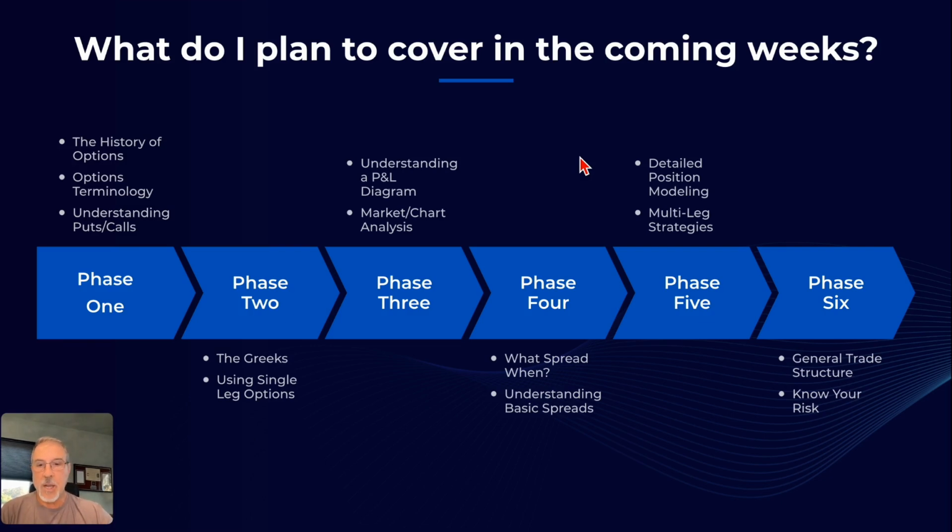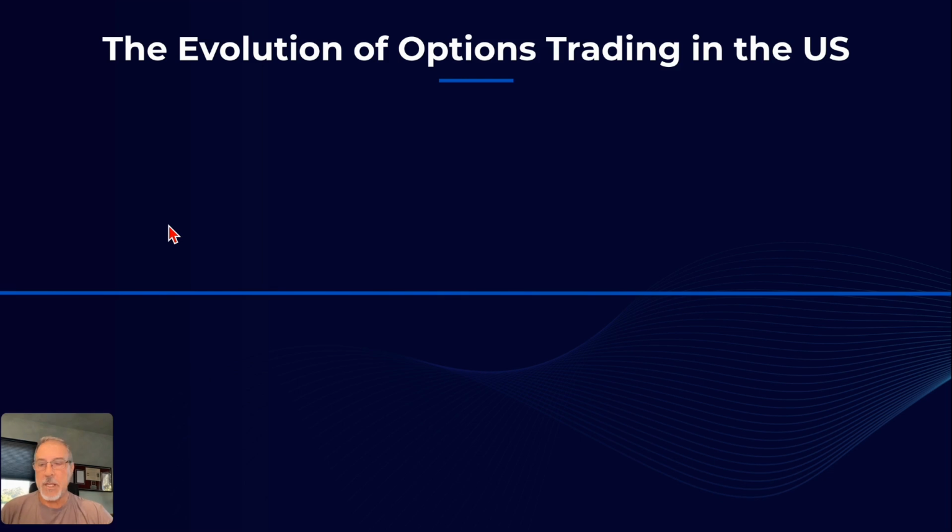Many of these are going to be broken up into different sections. Like today, I'm just going to do the history of options. Then we'll start into options terminology, then a session on puts, and a separate session on calls. So lots of little pieces coming up over the next couple weeks.